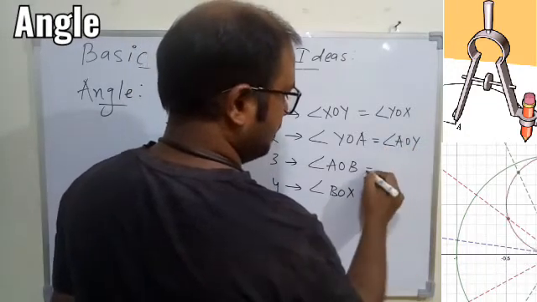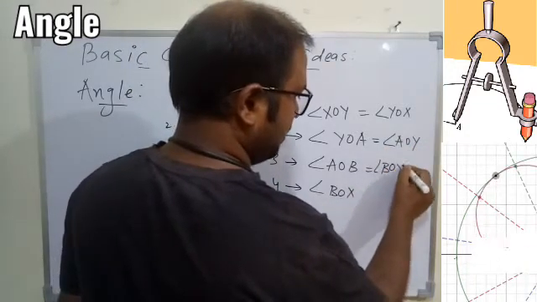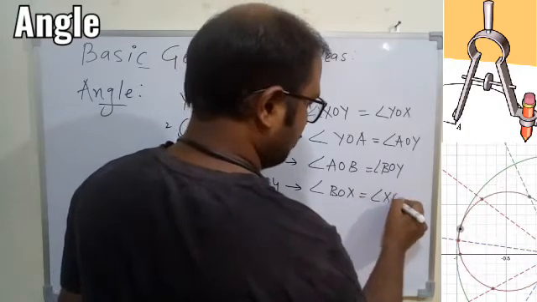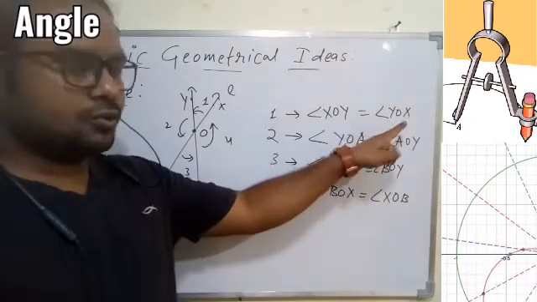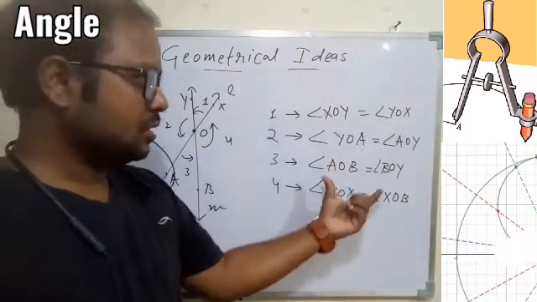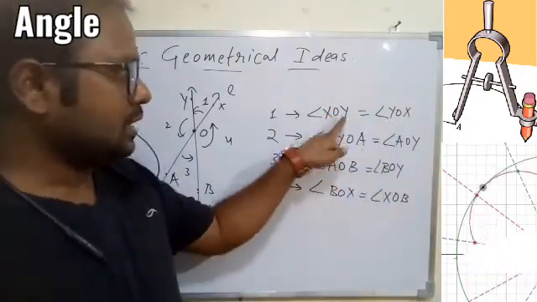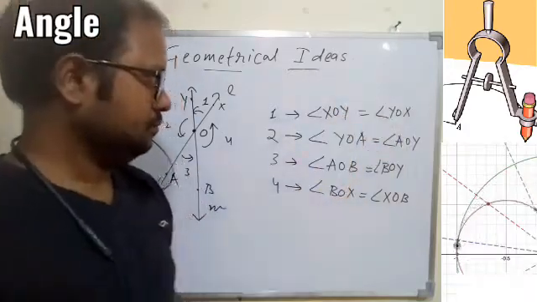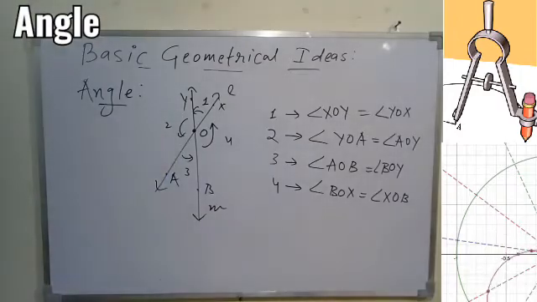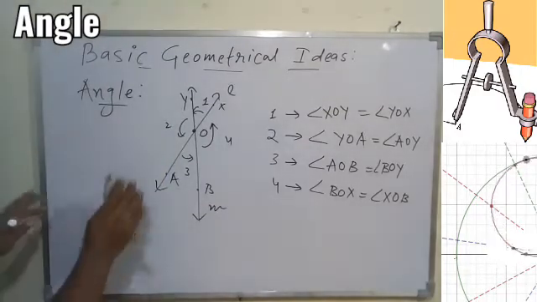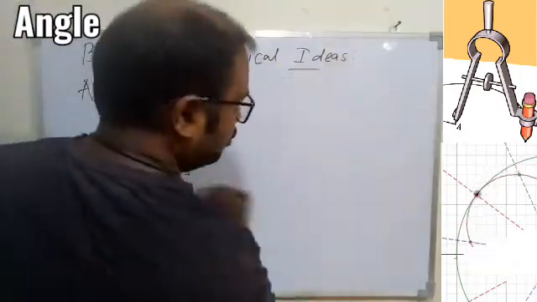AOY, they are the same thing. BOY or XOB, this can be written this way also. So both are the same. These two are the same, these two are the same. Overall, X and Y can be interchanged, but O has to be at the center because O is the vertex of the angle. That is to be taken care of. I hope you understood this much: how to name the angle.